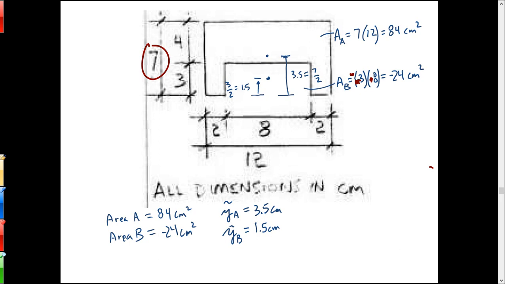So that just gets me a lot of the information that I might need, okay? So the first thing I want to do is figure out where that neutral axis is. And to do that, I'll go ahead and find y bar. That's where the neutral axis is located. So I've got everything I need to do that.